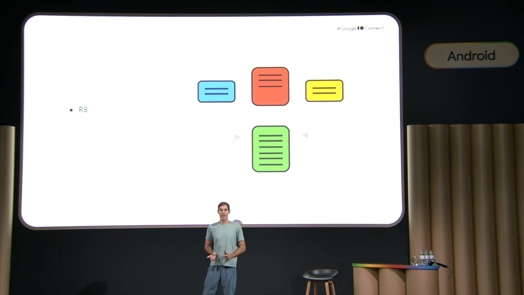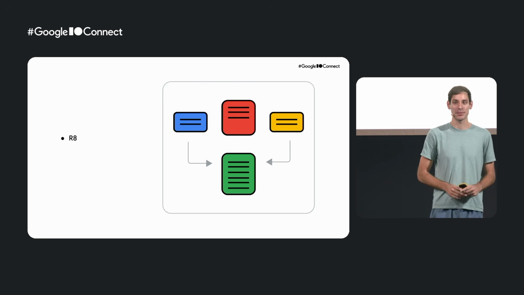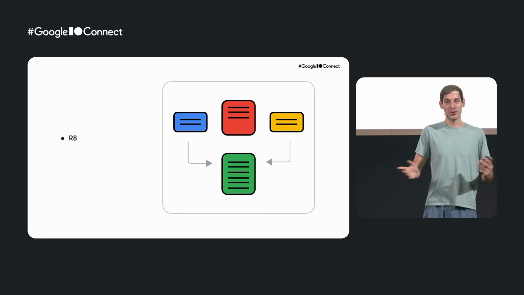Now, my last couple of tips is about how we actually bring our user back into the app as smoothly as possible if the OS has decided to kill the process. First thing that we want to do is make our app startup as smooth and as quick as possible. And the first thing is use R8.